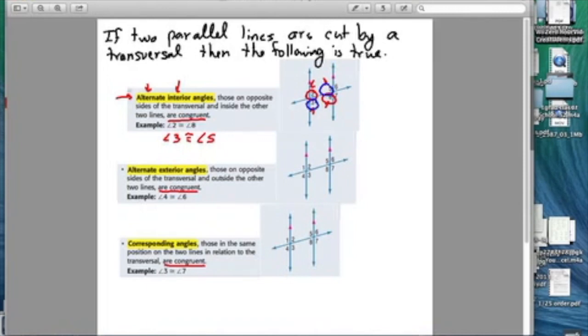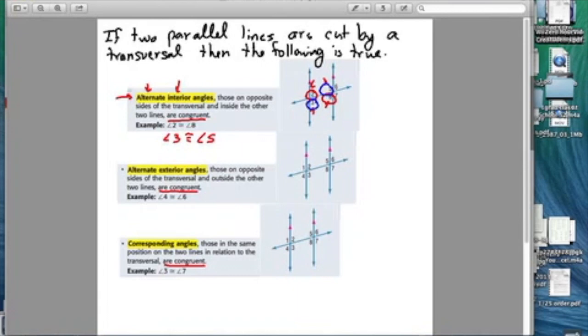And the thing that we know about it is, if I tell you the size of angle 5, you know that angle 3 is exactly the same. Now, the numbering doesn't matter. You could number them a different way. What matters is where they are. So the alternate interior angles, in this case, are 2 and 8, which they gave us, and then 3 and 5, which are the other pair.